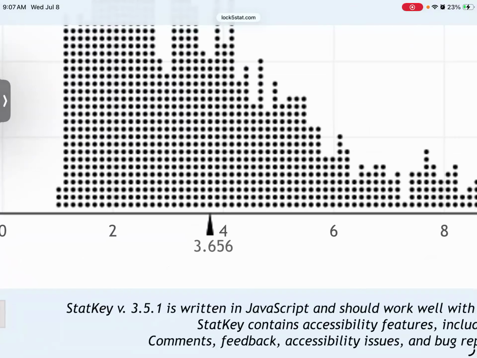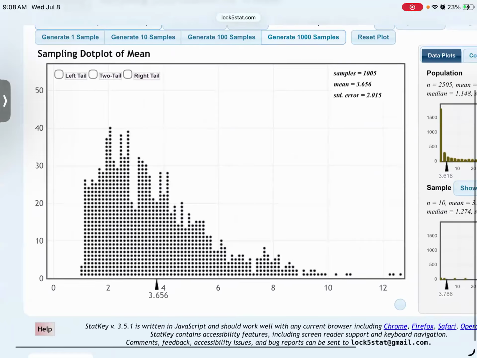After doing 1,005 of them, the average of all the samples is saying that the true average is probably about 3.656, which is getting closer to the actual truth. Remember, it was just a little over 3.6. So if you got something on your side that's around 3.6, then you're good. You've done your job. All right, so I'm going to go with 3.656.